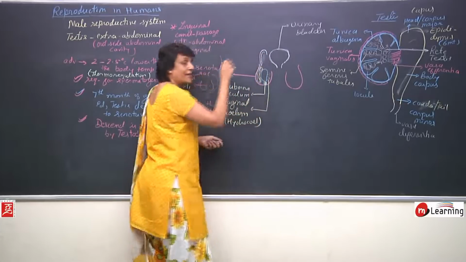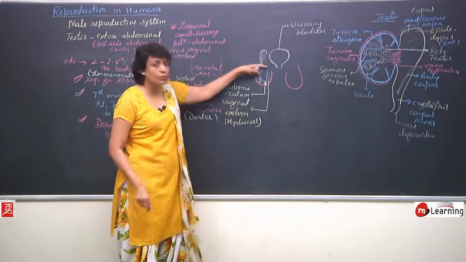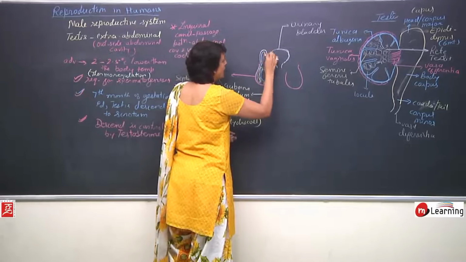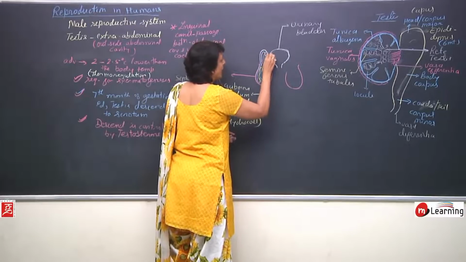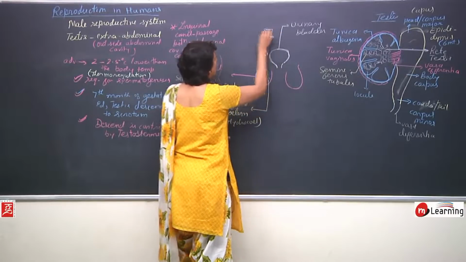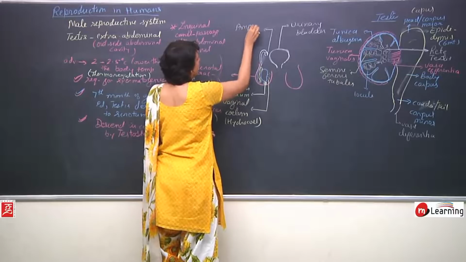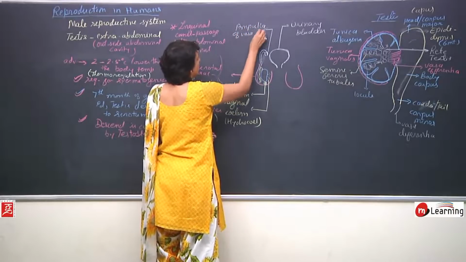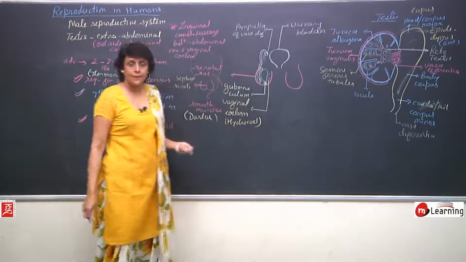When it is bending, when it is coming down, at that place it shows a slight swelling which is known as ampulla of vasa differentia.